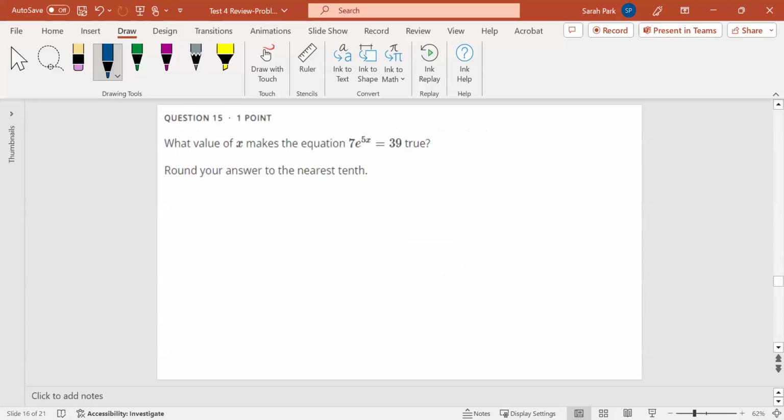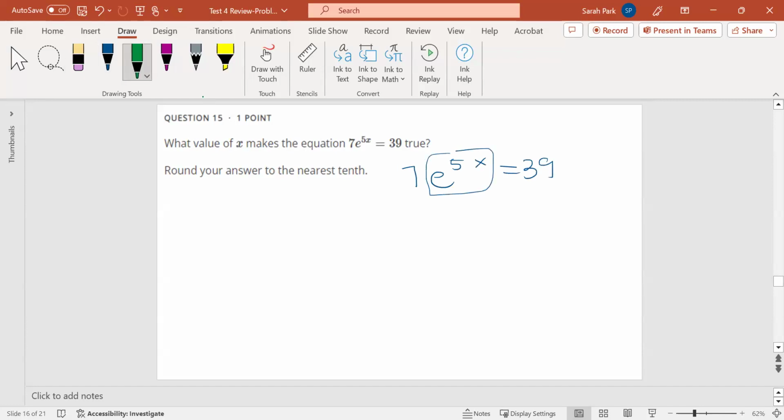Okay, number 15, what value of x makes the equation 7e raised to the 5x equals 39 true? So we need to solve for x here. Let me write this problem down. First, you need to get the base e by itself.